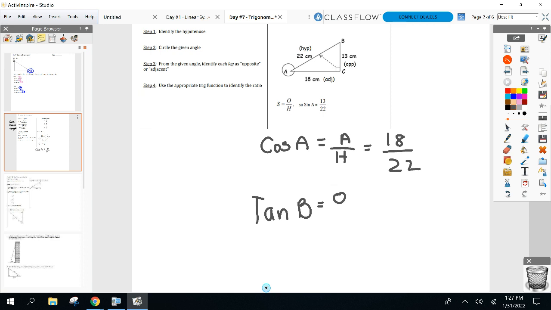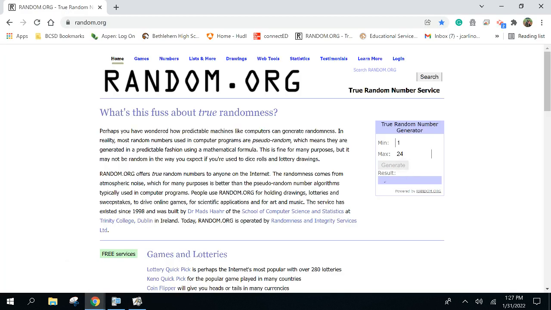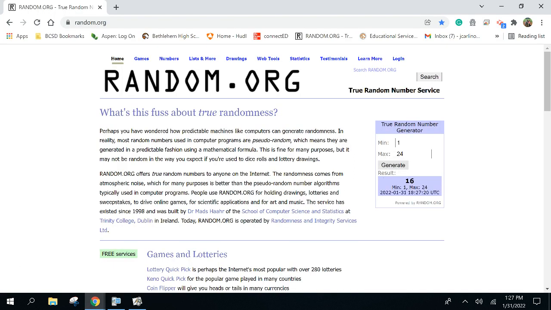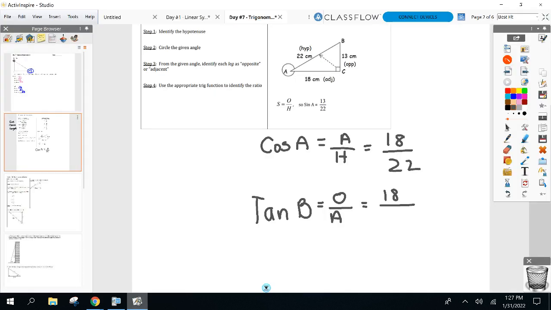Tangent is the opposite side over the adjacent side, but now everyone's looking at angle B. What is the length opposite angle B? 18 over what's adjacent to B? 13. 18 over 13. There's your ratio.